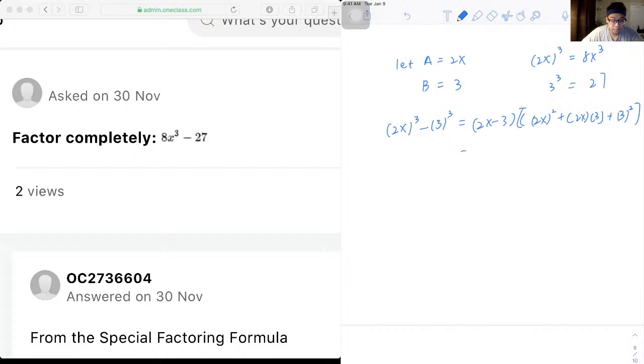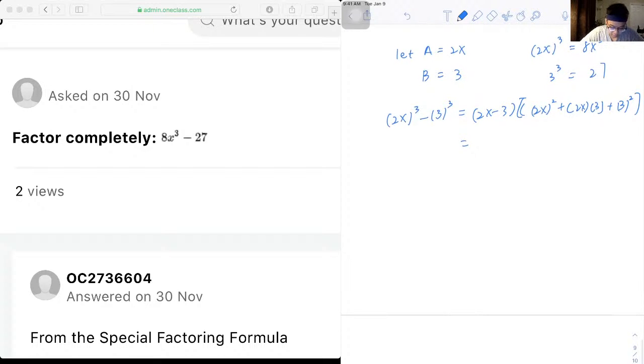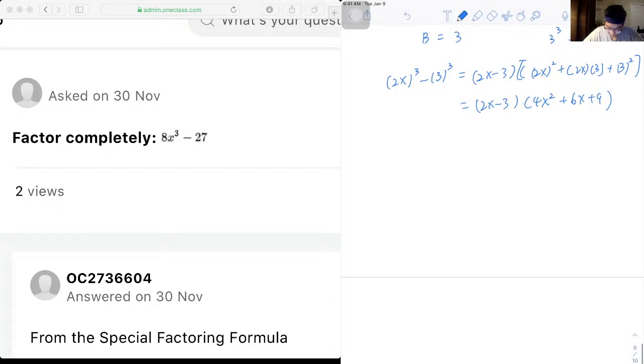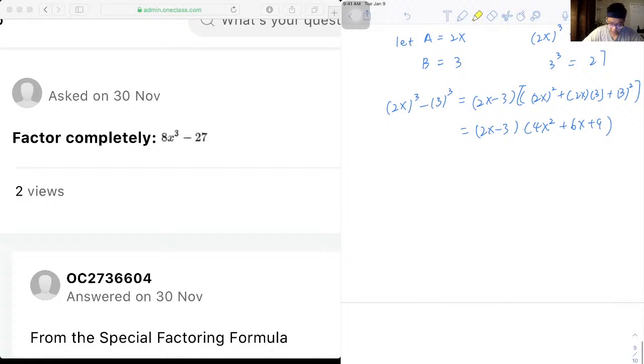Okay, so that is equal to 2x minus 3 times 4x squared plus 6x plus 9. Yep, and that is our final answer.